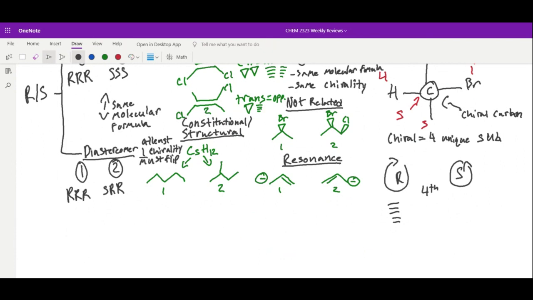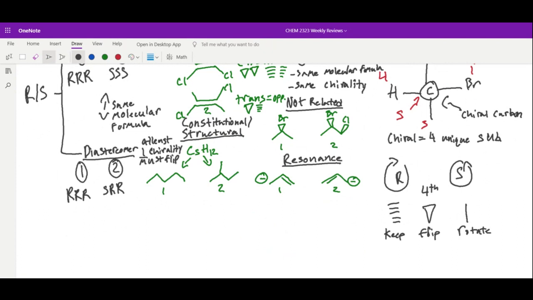If it's on a dash, you're going to keep the chirality. If it's on a wedge, you flip. So whatever chirality you get, let's say you get R and your 4th lowest group is on a wedge, then you flip it. And if it's on a line, then you have to rotate the bond so that it's on a wedge or a dash.